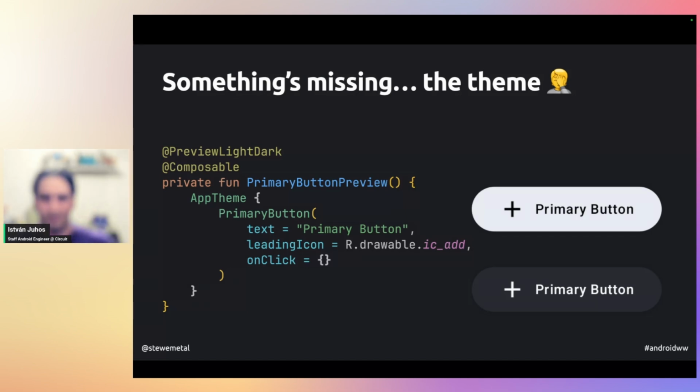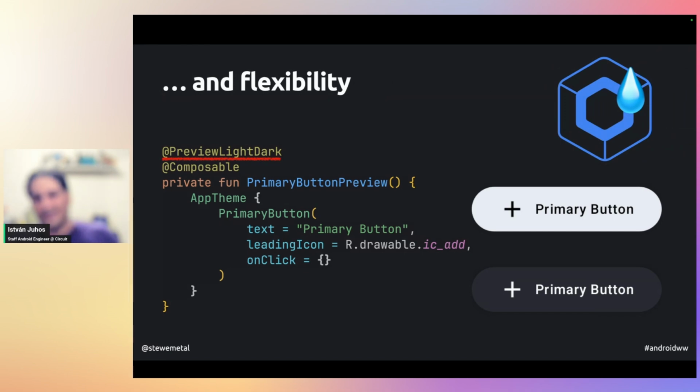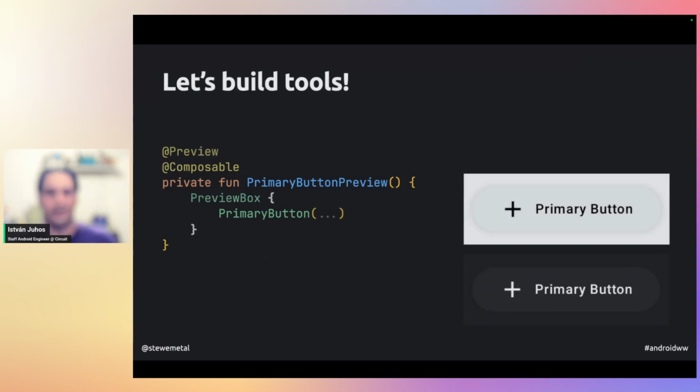So what we can do is make it easier to not forget these things that are common in most of the previews. And of course, this lacks some flexibility as well, because we're using multi-preview annotations. So the Compose Multiplatform tooling would have some issues there, but let's not talk about that here. That's not the point.